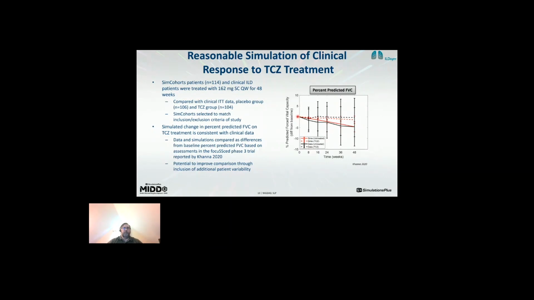And tocilizumab was more, let's match the placebo group and parameterize the tocilizumab mechanism of action, which is IL-6 inhibition, and see how well we're doing against clinical data, and you can see the response is fairly good here. So that gives us more confidence in modeling a novel treatment, that we're capturing the pathophysiology reasonably well.